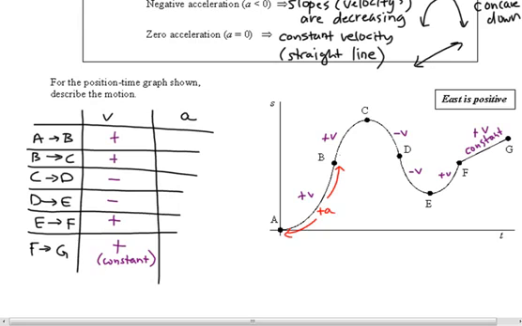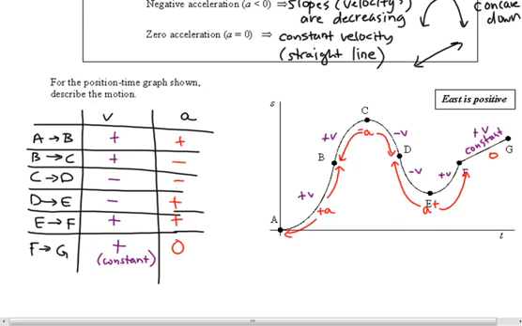B to C all the way to D is all negative acceleration, all concave down. D to F is all concave up. And what's the acceleration of a line? 0. So we have positive, negative, negative, positive, positive, and then 0.